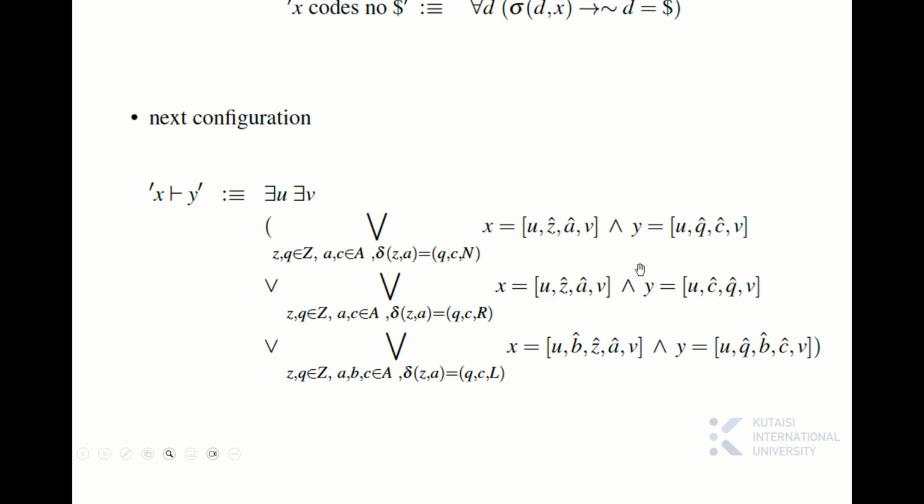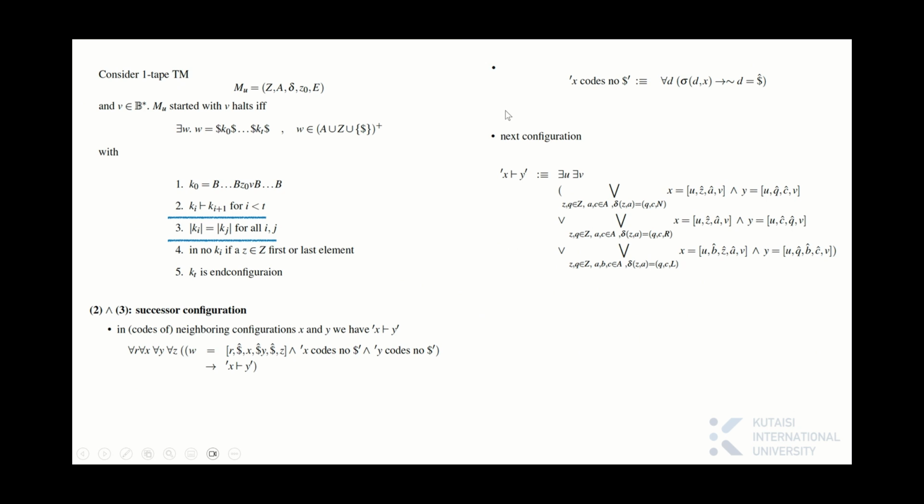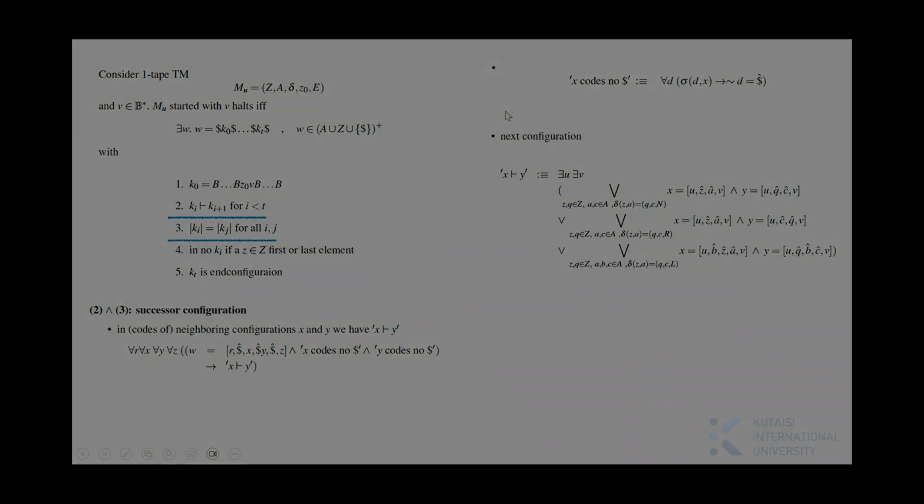Also in the second line and in the third line, where the second line corresponds to moving right, and the third line corresponds to moving left. And this is just a finite string, because the table of deltas is finite. So this is either this, or this, or this, for all possibilities here. And then this sentence on the right is true if and only if the transition happens. All right, this is where we finished, and I did a quick rundown, and we continue next time.